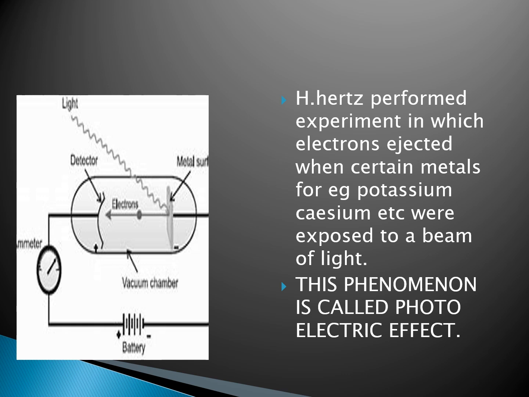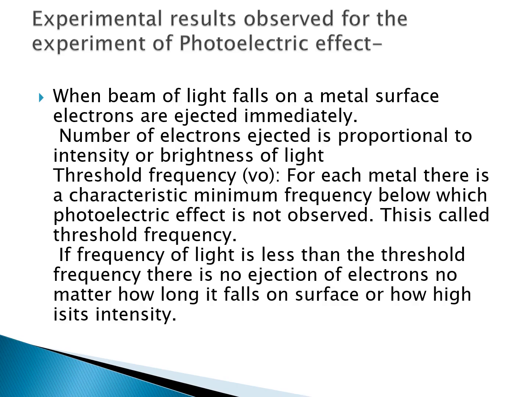Electrons are ejected, and this phenomenon is called the photoelectric effect. He observed that when a beam of light falls on a metal surface, electrons are ejected immediately. The number of electrons ejected is proportional to the intensity or brightness of light.